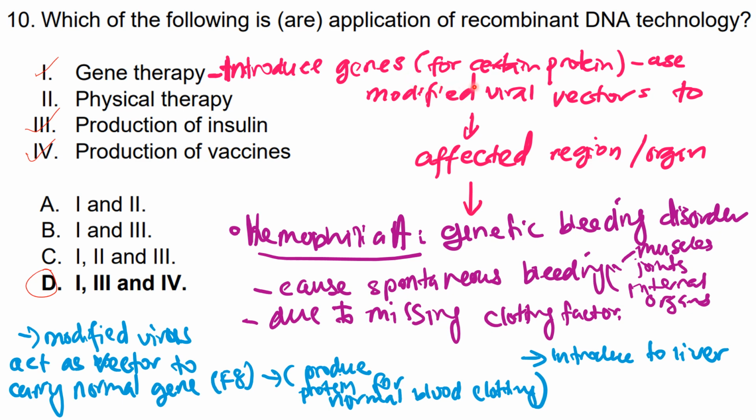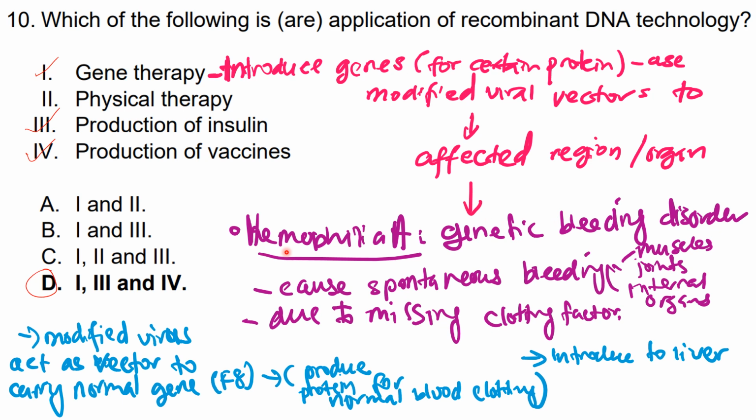This modified virus that contains the gene will act as a vehicle or vector to carry this gene into the individual with a genetic disorder. For example, a genetic disease which is hemophilia A.